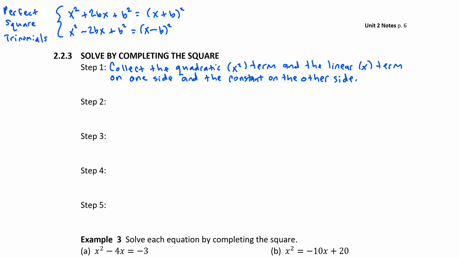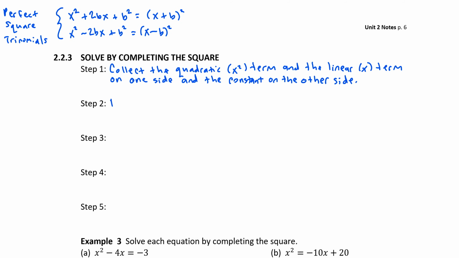Then in step two, this is the heart of the method. We're going to complete the square. So we're going to rewrite our trinomial so that it matches one of the patterns of the perfect square trinomials. So to find this constant that's going to go with our quadratic and linear terms, we're going to go through the same process every time.